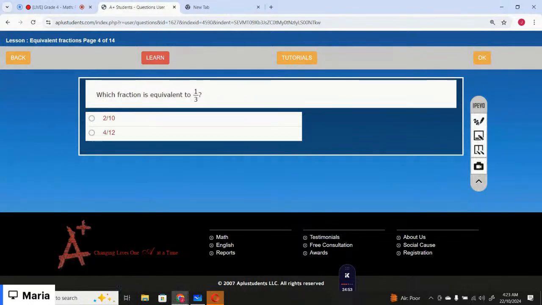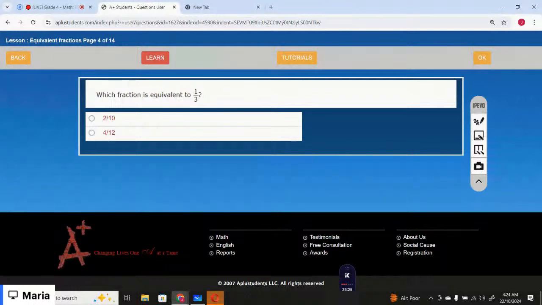Which fraction is equivalent to 1 by 3? Which is the correct option?